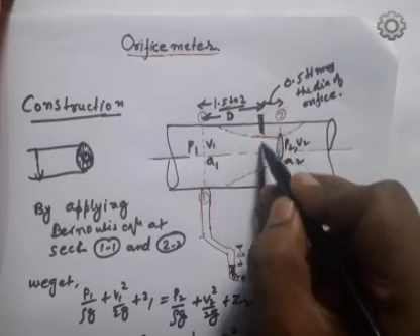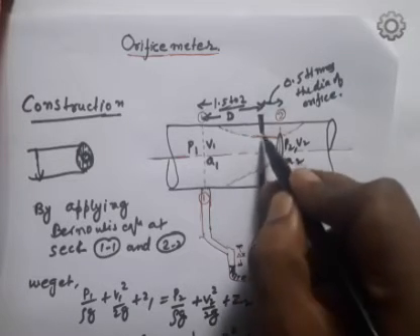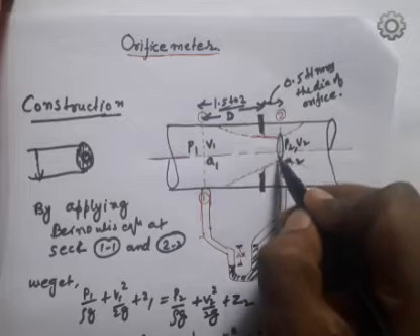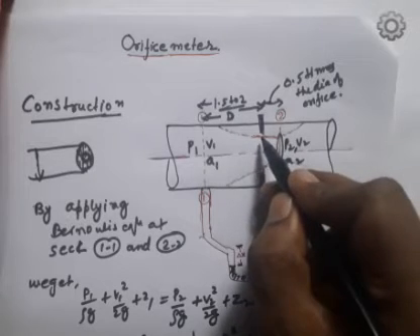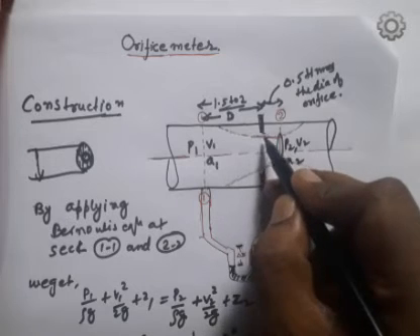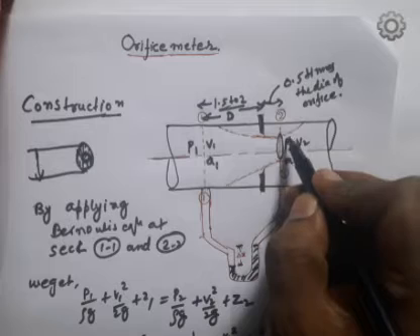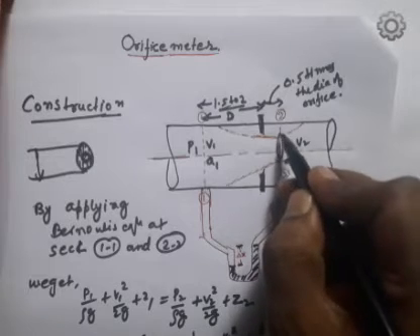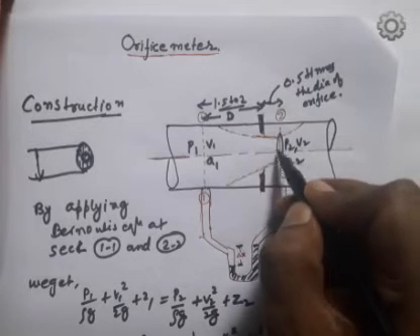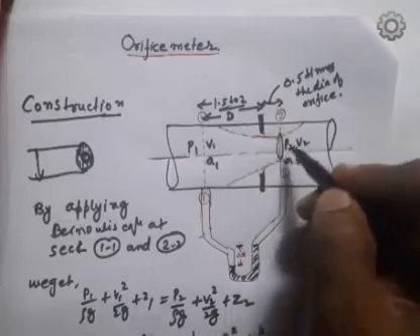This is the diameter of orifice, and this is vena contracta. So after flowing fluid through any nozzle or any contracted path, the jet gets reduced to minimum area, and that minimum area portion is called vena contracta.